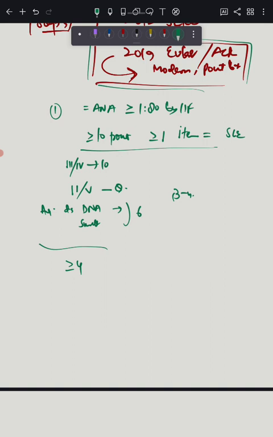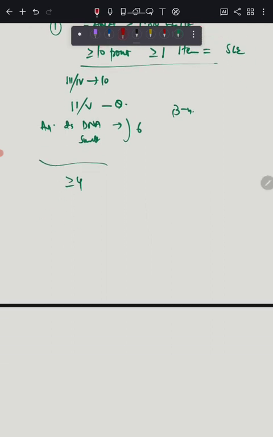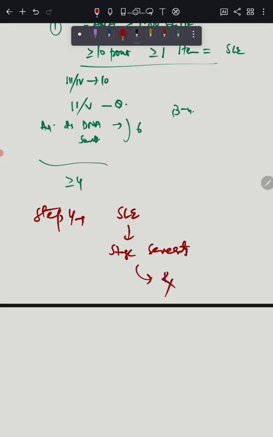So after these criteria, what will be your step 4? Step 4 is you will decide your label. If it meets criteria, then it's SLE. Then you have to assess stage and severity, and subsequently you have to treat that condition.